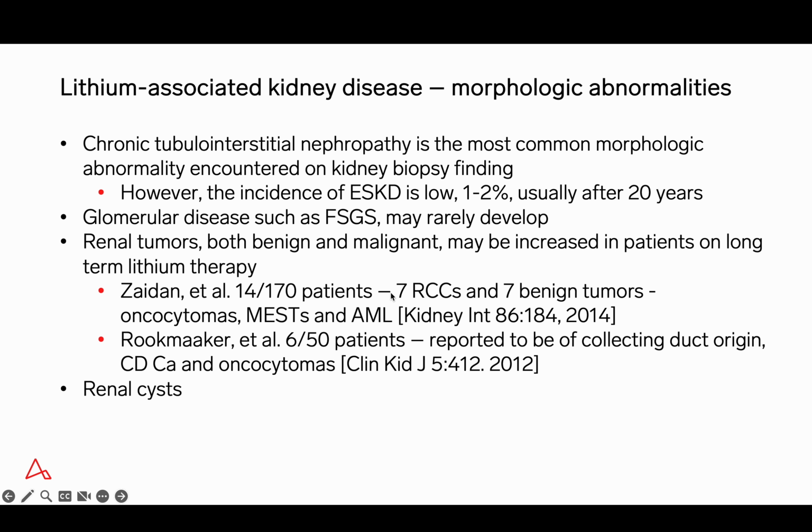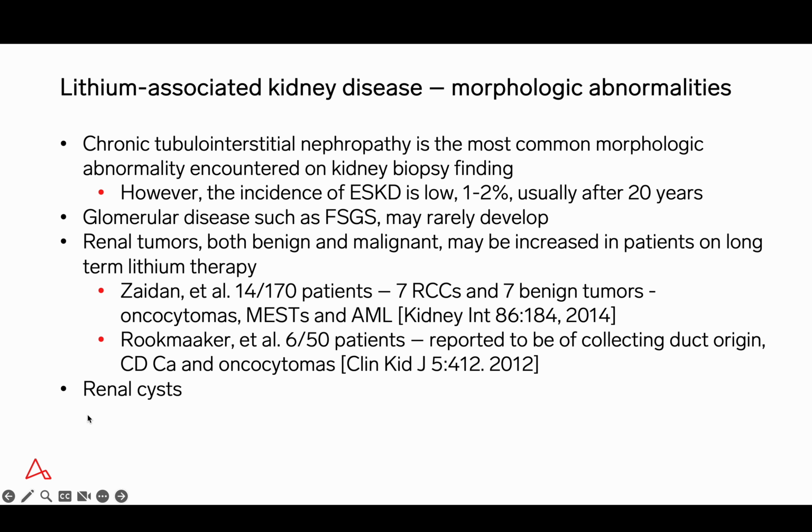They had seven renal carcinomas and 7 benign tumors, both of a variety of types, as you can see listed here. Similarly, Ruckmacher, in a study of 50 patients on long-term lithium, identified 6 patients with tumors he reported to be of collecting duct origin, namely collecting duct carcinomas and oncocytomas.